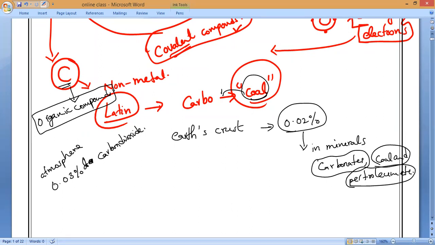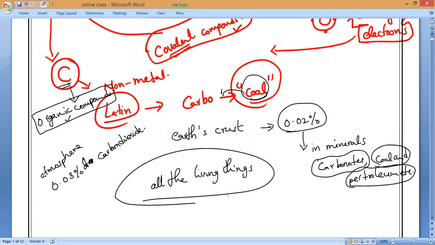All the substances made up of carbon compounds are called what compounds? Everybody? Organic compounds. If you take any living things in nature, all the living organisms, including plants and animals, their body is made up of carbon and based on carbon compounds only.